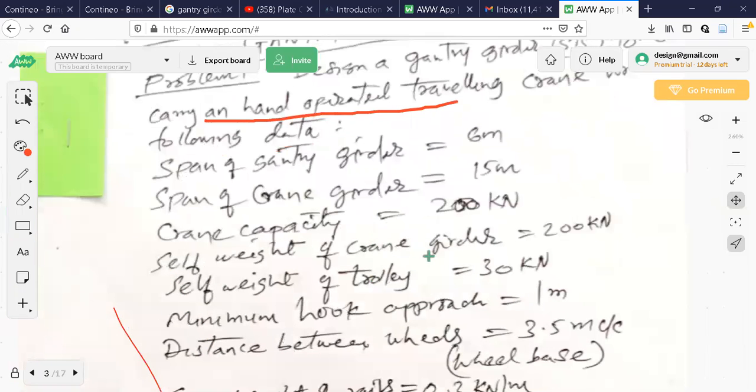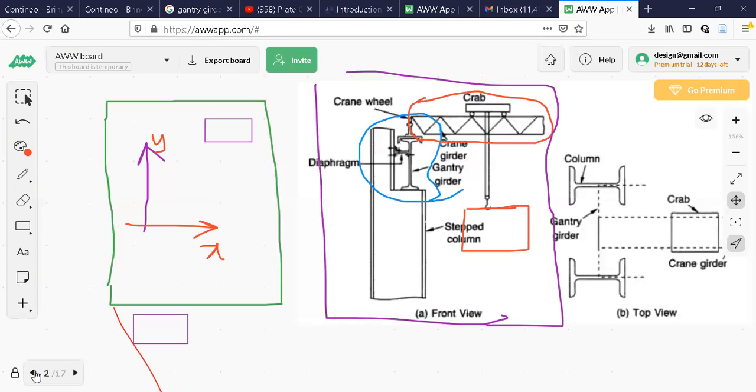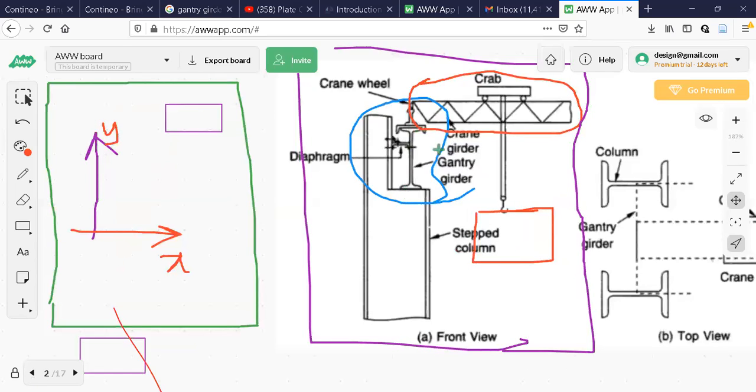So the span of the gantry girder is 6 meter. Now I'll go back. Span of gantry girder, he says 6 meter. What is that one? You can look at this diagram now. Gantry girder is here. When I say span 6 meter, I cannot see the span in this diagram because it is perpendicular to the screen here.